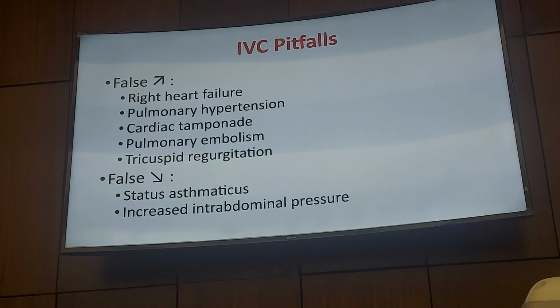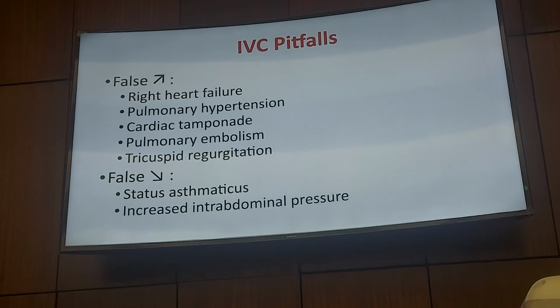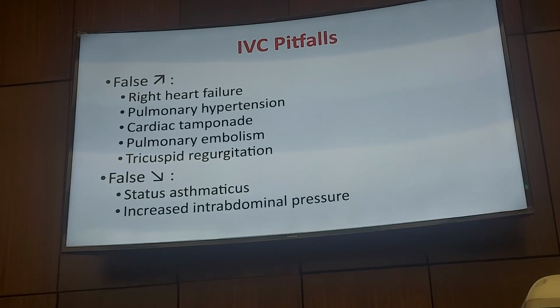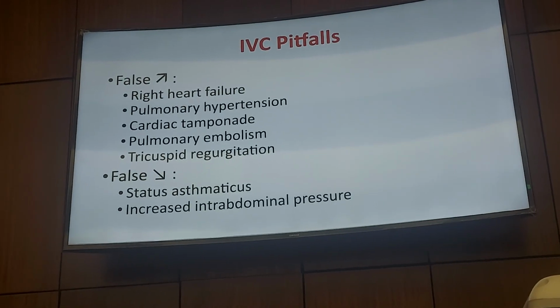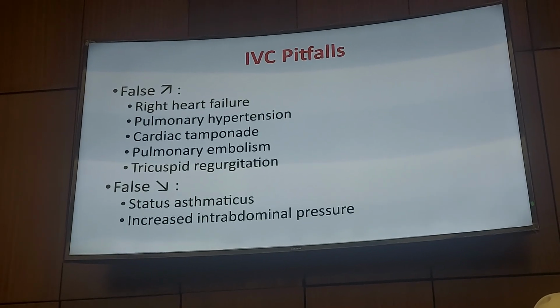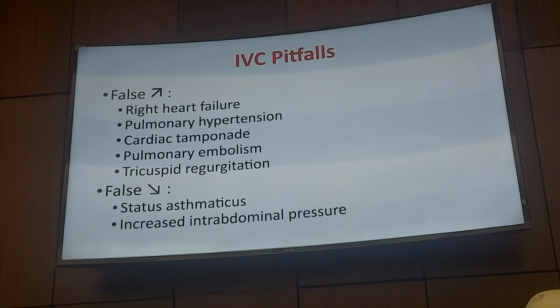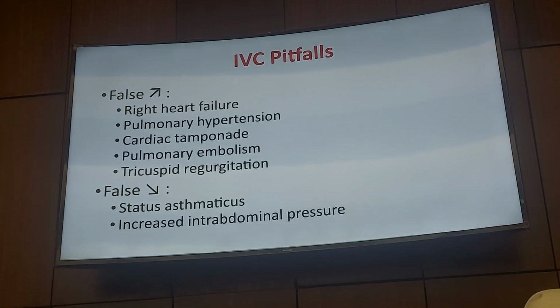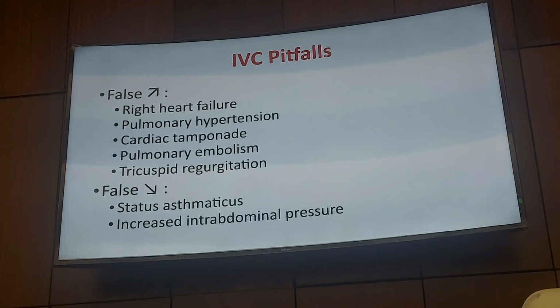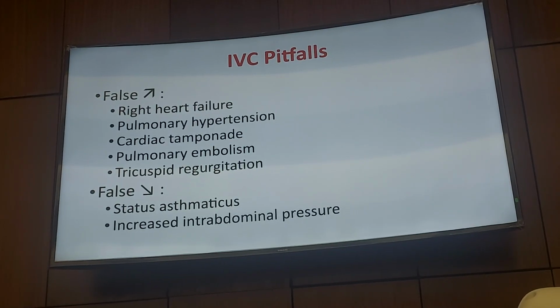Before starting the hepatic vein, just briefly summarizing the different pitfalls of IVC and why IVC alone is not enough. Because IVC can be falsely dilated for various reasons. In the absence of congestion, if you have a patient on mechanical ventilation, you're more likely to have a dilated IVC, even if they don't have systemic venous congestion. If you have pulmonary hypertension, if you have right heart failure, several pitfalls.